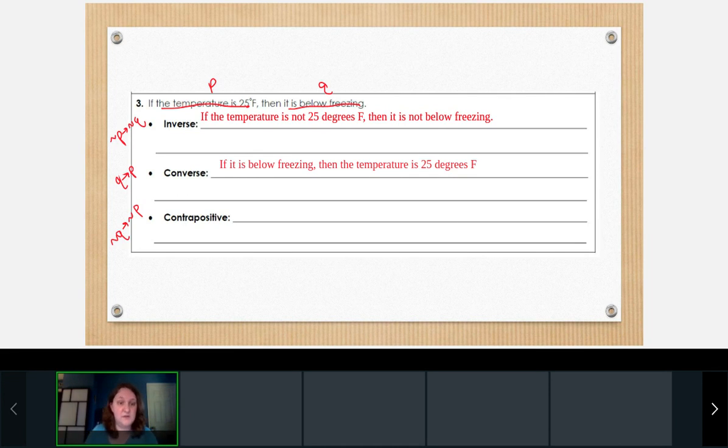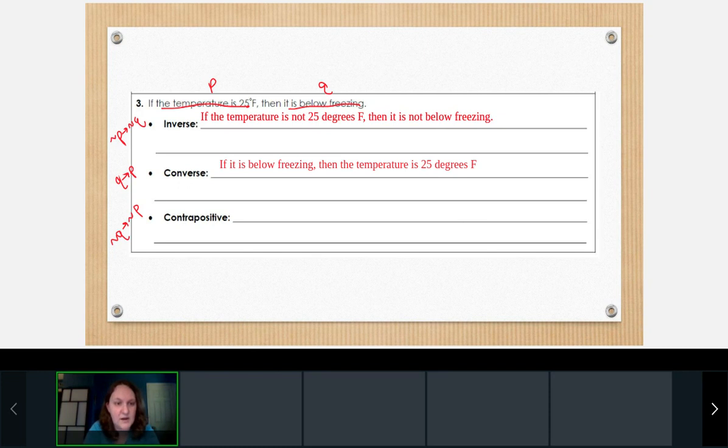And the last one, the contrapositive. It's still an if-then form. If, and we're going to write not Q. So not Q is it is not below freezing.